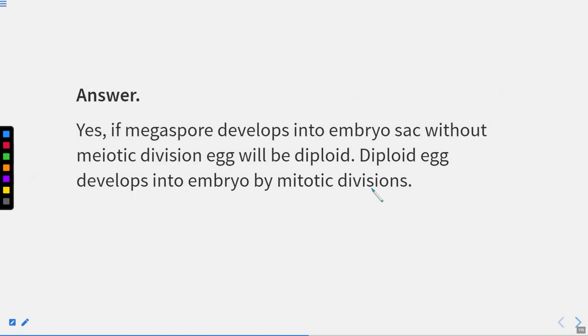Yes, if megaspore develops into the embryo sac without meiotic division, then the egg will be diploid. Obviously, because meiosis, what does it do? It reduces the number of chromosomes. So the diploid egg develops into an embryo later by mitotic divisions. Okay, so this is clear.